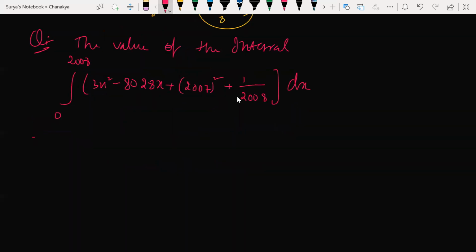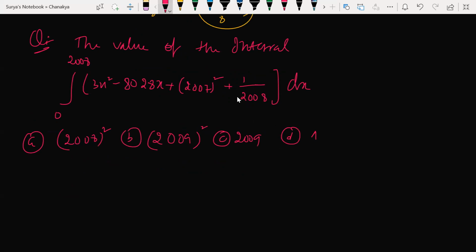Options are: A, 2008 whole square; option B, 2009 whole square; option C, 2009; option D, 1. This is x actually.